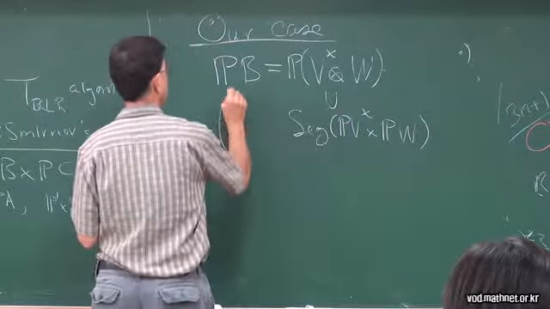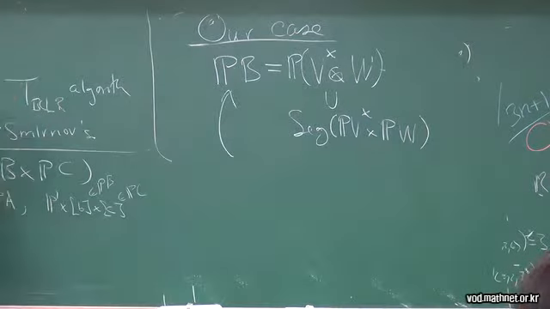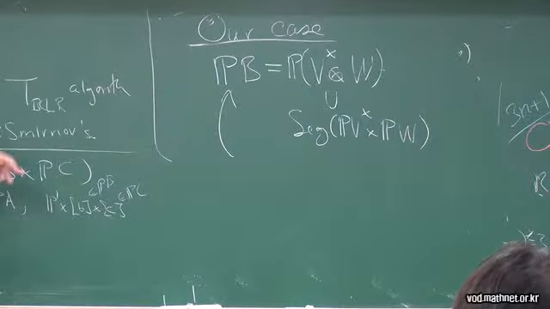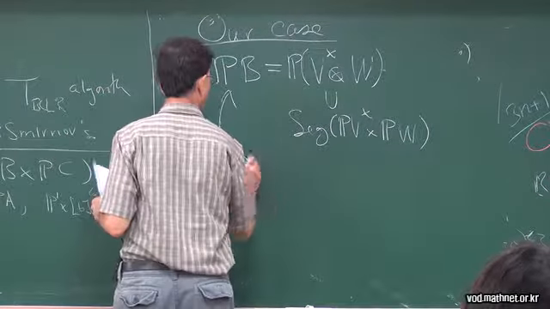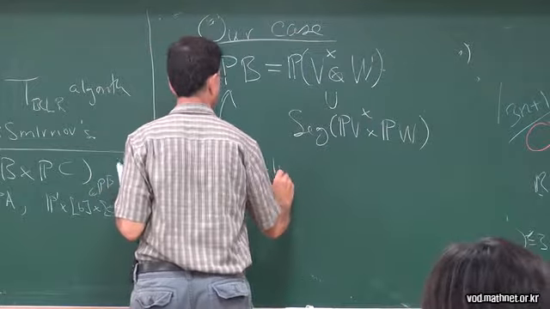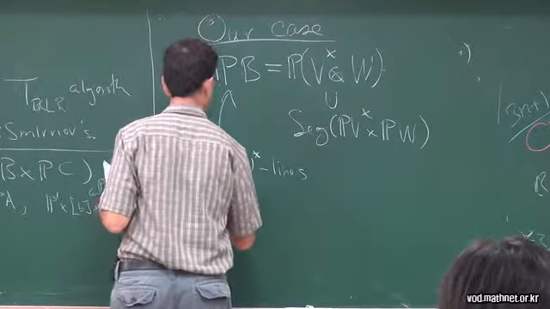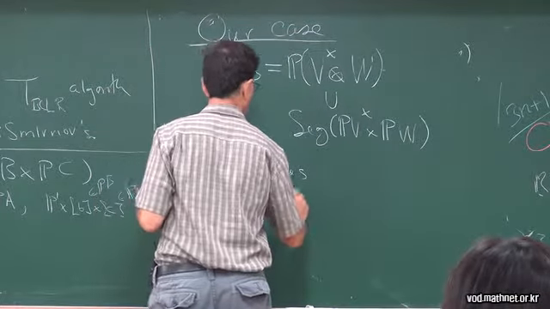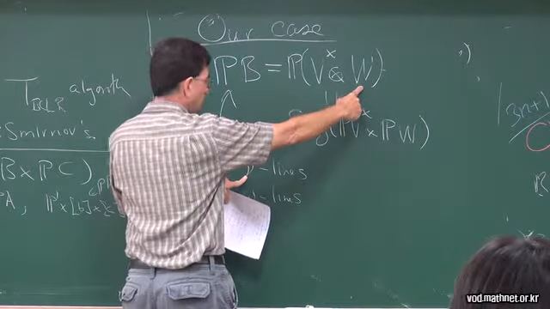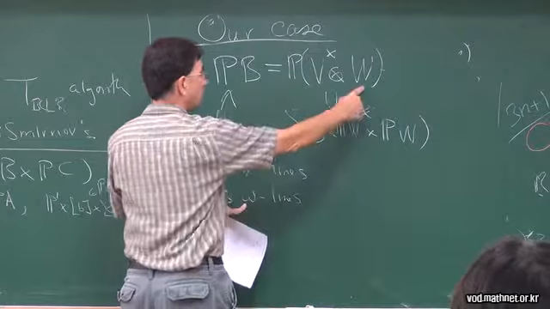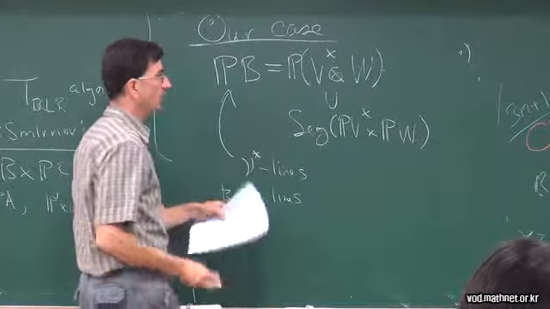And so inside here, not all P1s are created equally. There are special ones that respect this additional structure. So let me call these nu star lines and omega lines. So a nu star line, I take a line in V star and a point in W. And an omega line, I take a line in W and a point in V star.